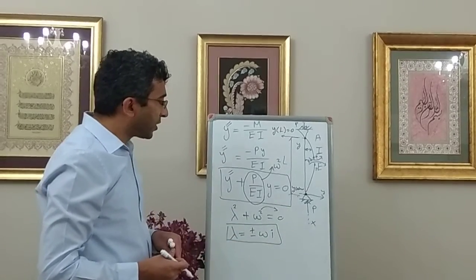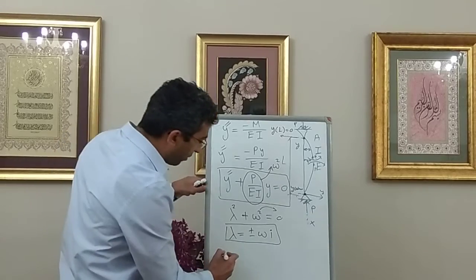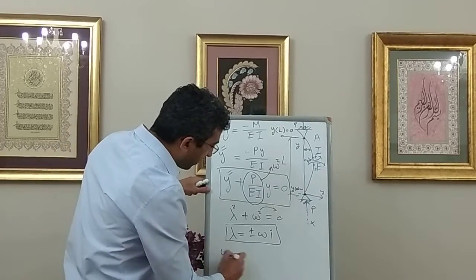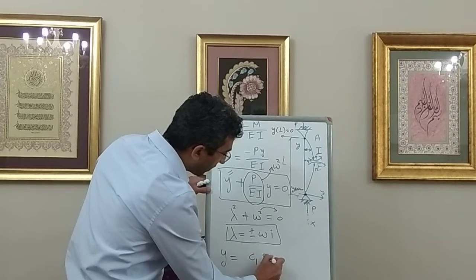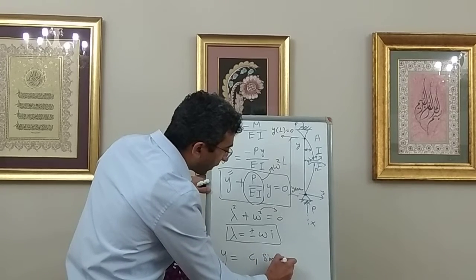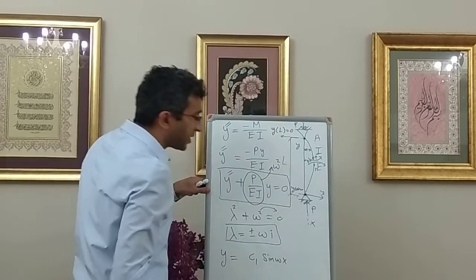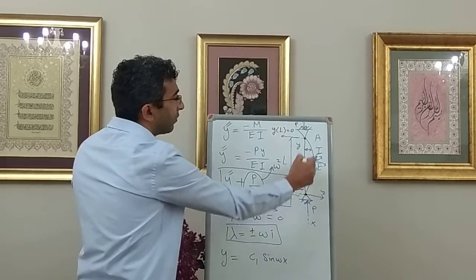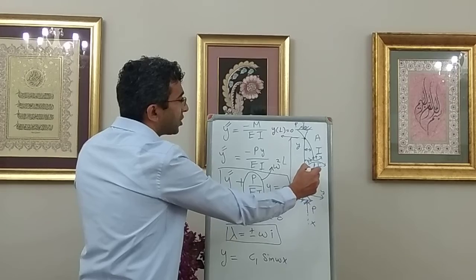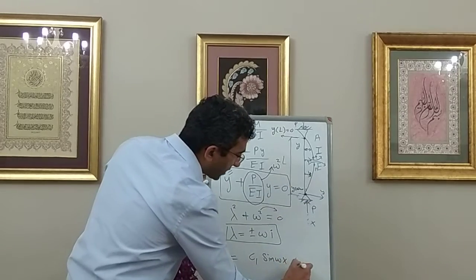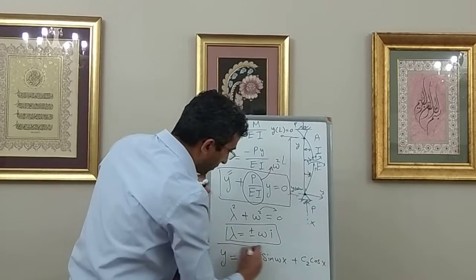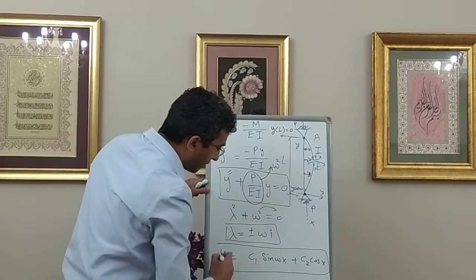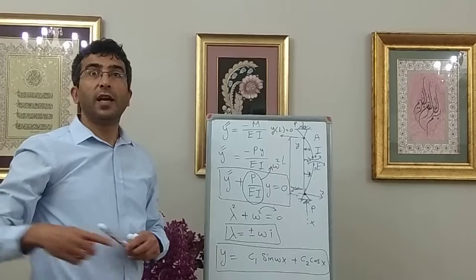So the solution is a kind of sine and cosine function, which is C1 sine omega x. In this case, it's a function of x, the position. As x changes, y is changing. Plus C2 cosine omega x. So this is the general solution for this problem.